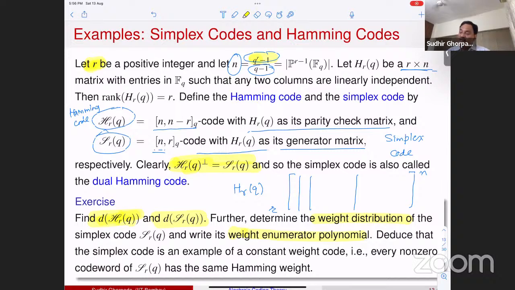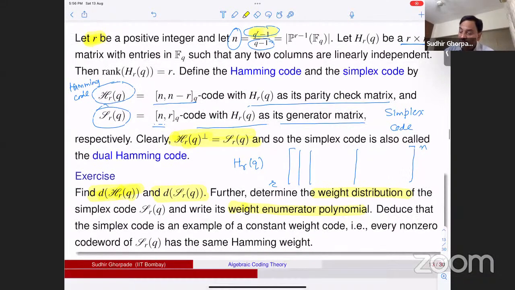And you will see that the simplex code is actually an example of what is called a constant weight code. That means other than 0, every codeword has the same Hamming weight. It's a very special type of code. Any questions? Okay.